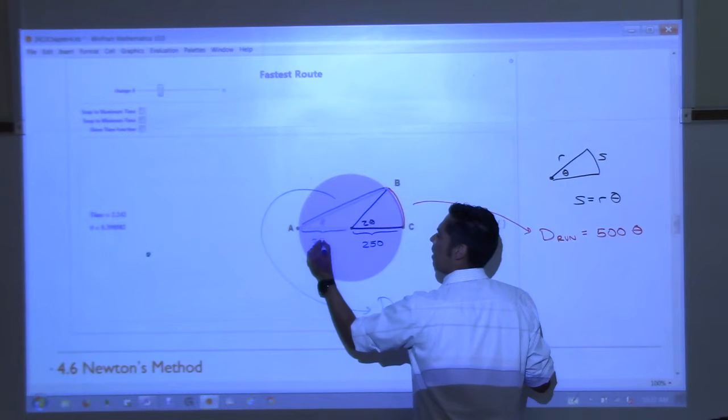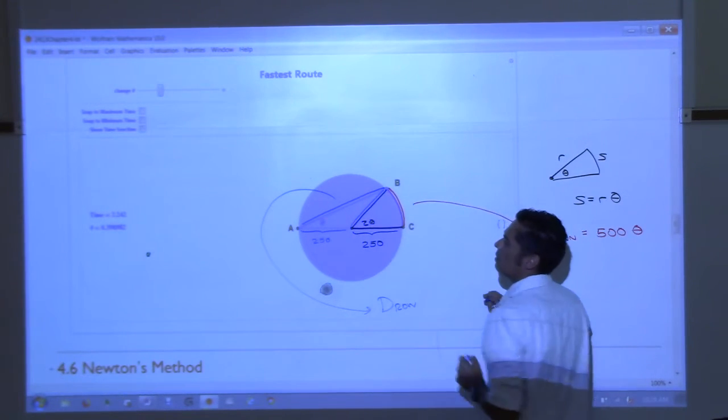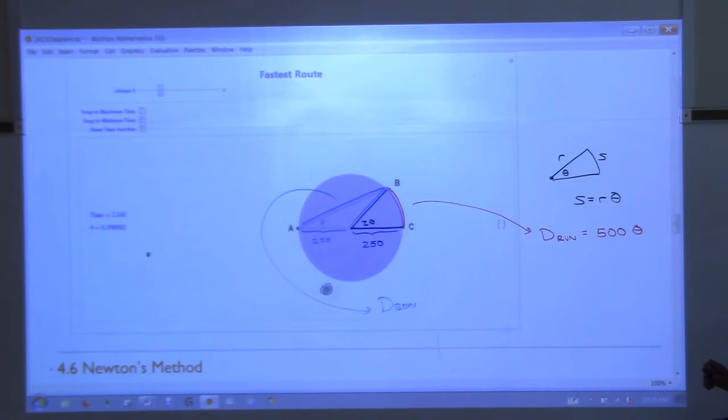That's 250, right? Do you know this side right here? That's also a radius, isn't it? That's 250. You have 2 sides of a triangle and you have an angle in it called theta, yes? So I think we can probably get it with some law of something, right?